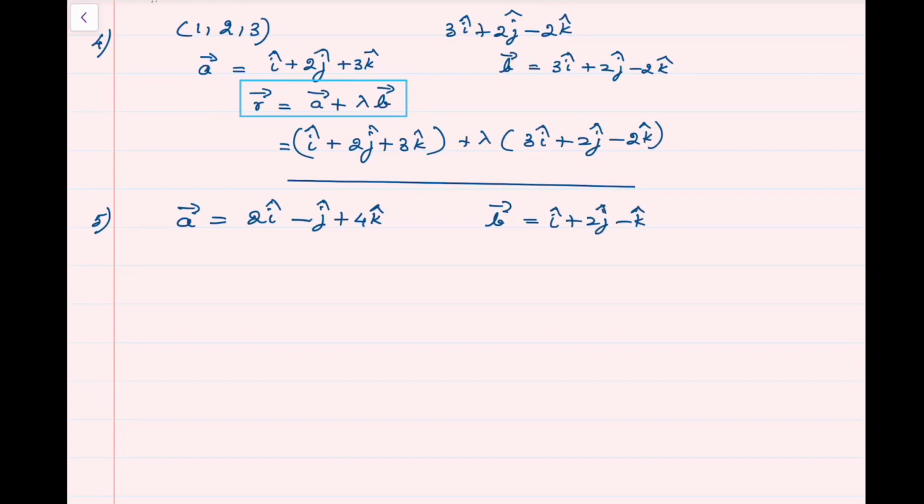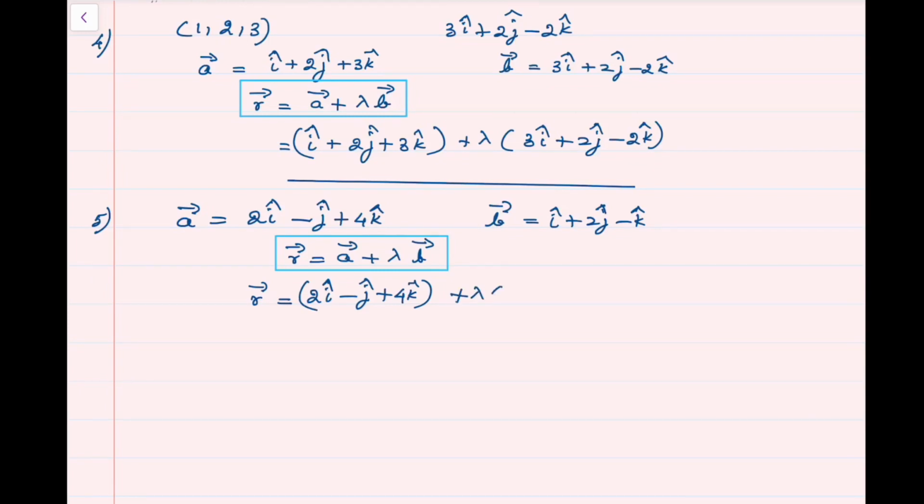The vector equation of a line passing through a point and parallel to a given vector is vector r is equal to vector a plus lambda times vector b. Let us substitute. Therefore, vector r is equal to 2i minus j plus 4k plus lambda times i plus 2j minus k.